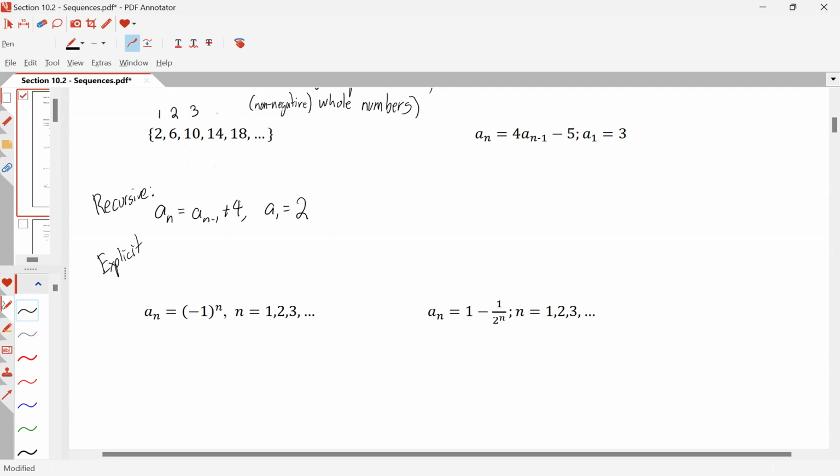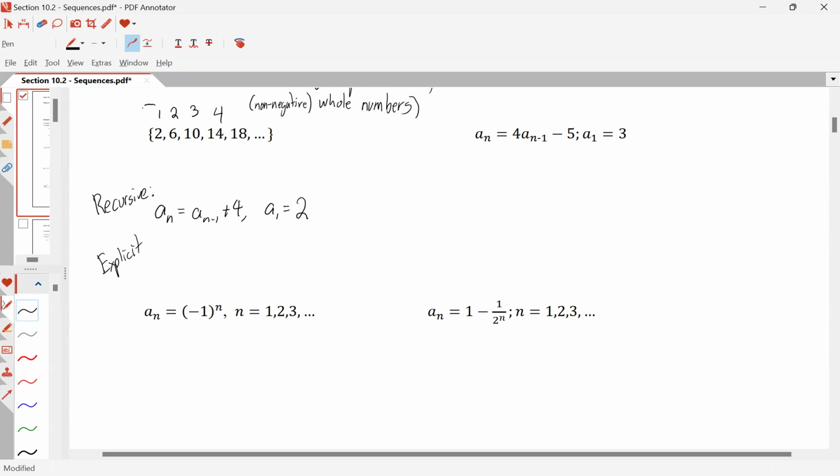My input is 3, my output is 10. Input of 4, output of 14. And we could use this to create an equation of a line. That equation of the line is going to be the same equation that we would use for the explicit formula.